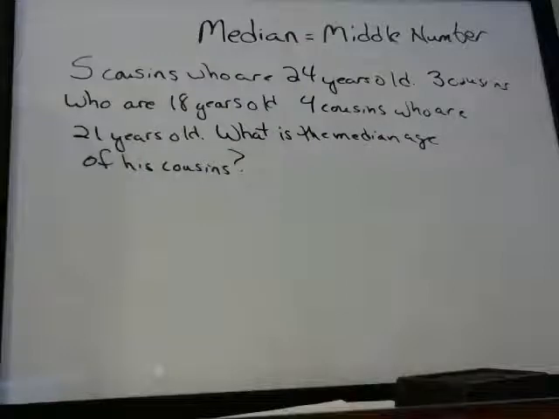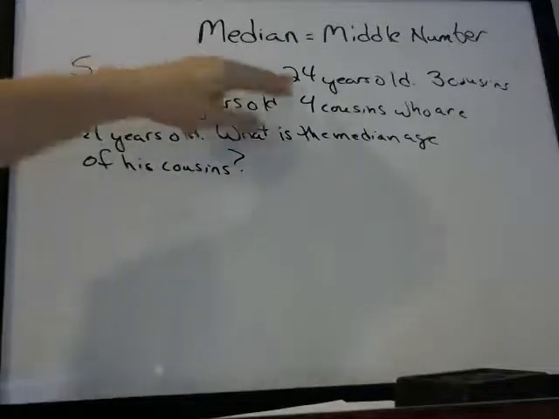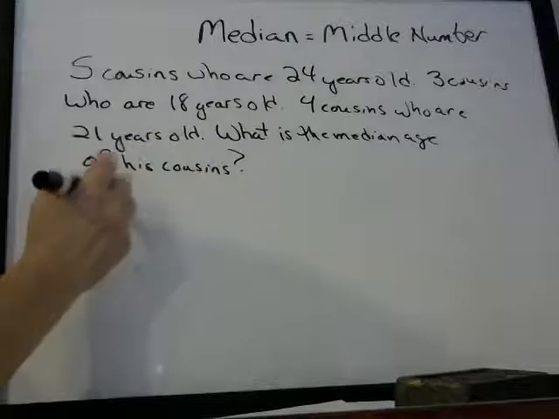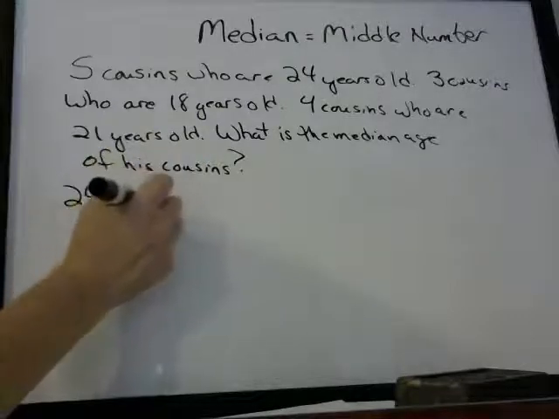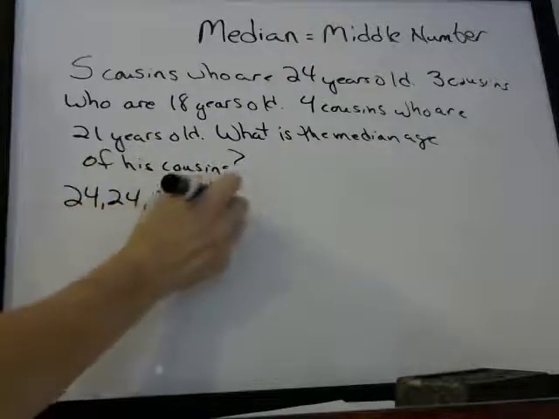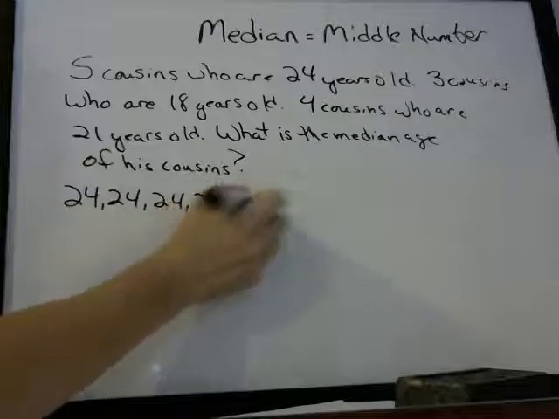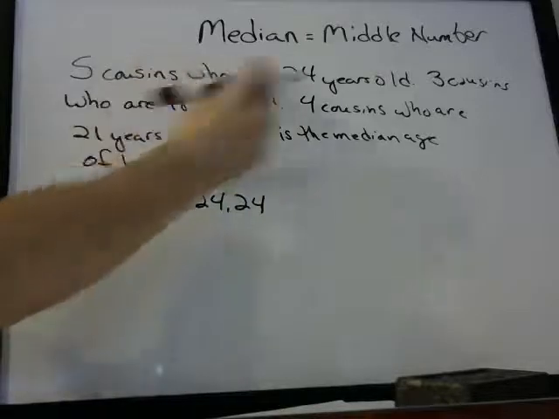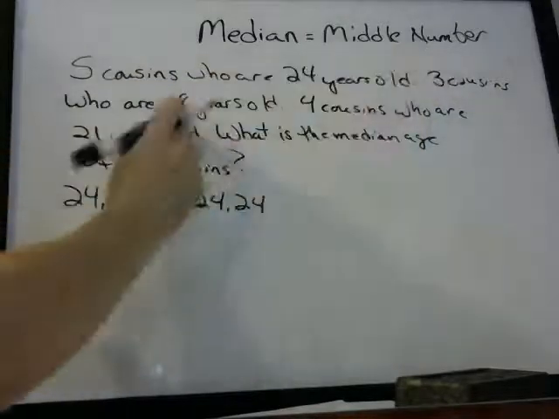So now this is put in a word problem, so we need to figure out what is our data set. Well, he has 5 who are 24 years old. So we have 24 5 times, because each one is representing a cousin. 1, 2, 3, 4, 5. 5 that are 24. 3 of them are 18.